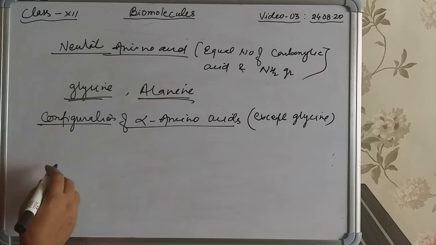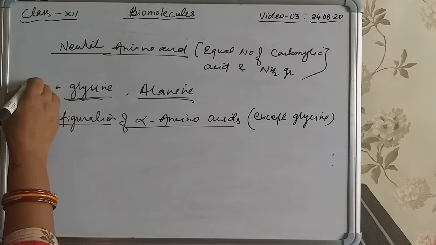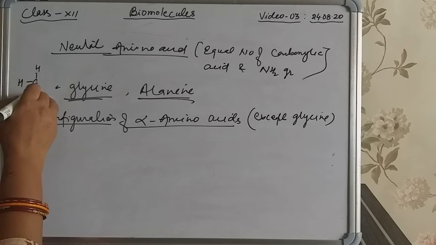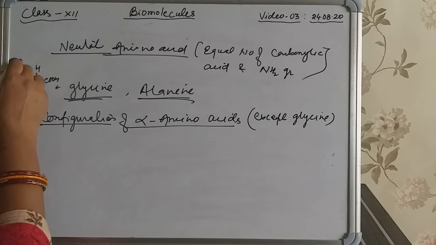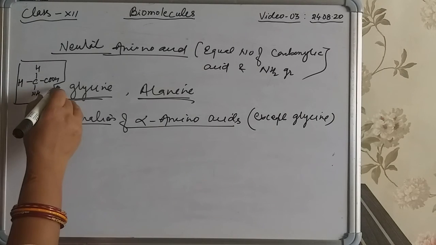We can write the structure of glycine with H instead of an alkyl group, NH2 and COOH.